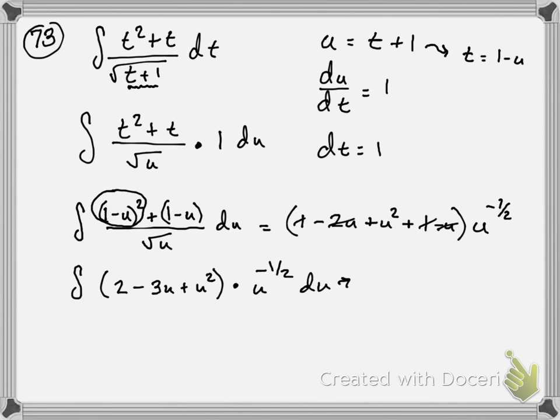All right, so that gives me 2u to the negative 1/2 plus 3u to the 1/2, because negative 1/2 plus 2 over 2 is just 1 over 2. And then plus u to the 3/2.